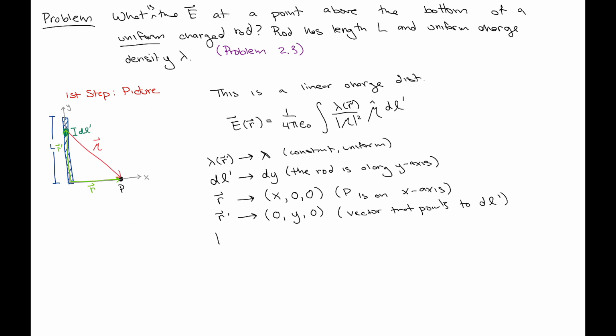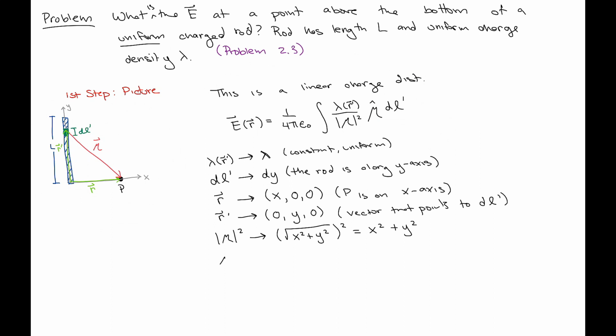Now this bit here is the magnitude, or the magnitude squared, of my separation vector. If I look at the way that's drawn, that's the length of this vector, which is x squared plus y squared. Then I'm going to square it again, so that part is just x squared plus y squared.